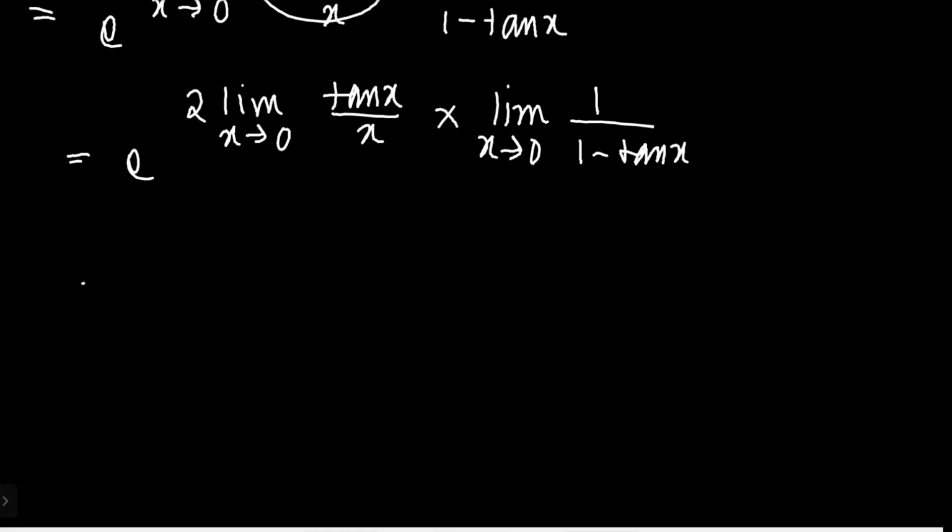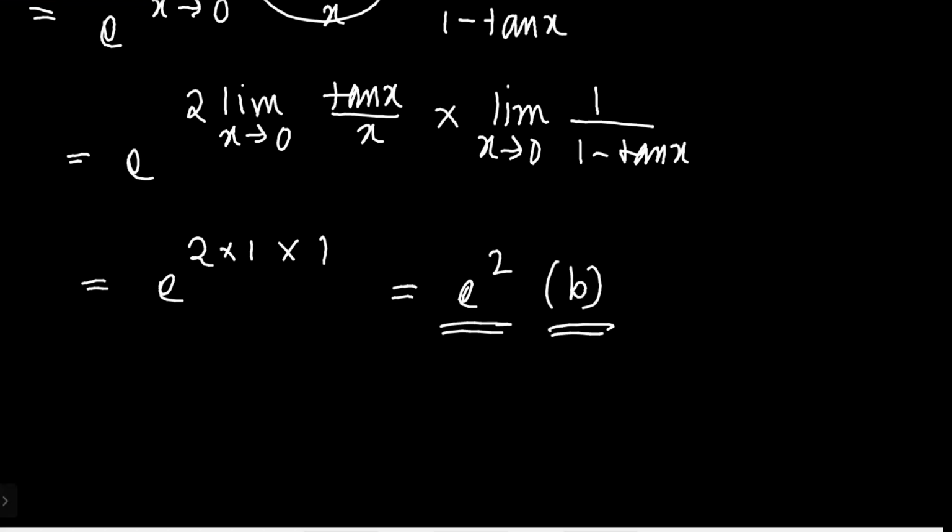So it is e to the power 2, times limit of tan x by x, which is 1, into limit of 1 by 1 minus tan x; tan 0 is 0, so 1 by 1 is 1. So e square is the answer. So here we can see that option B is correct.